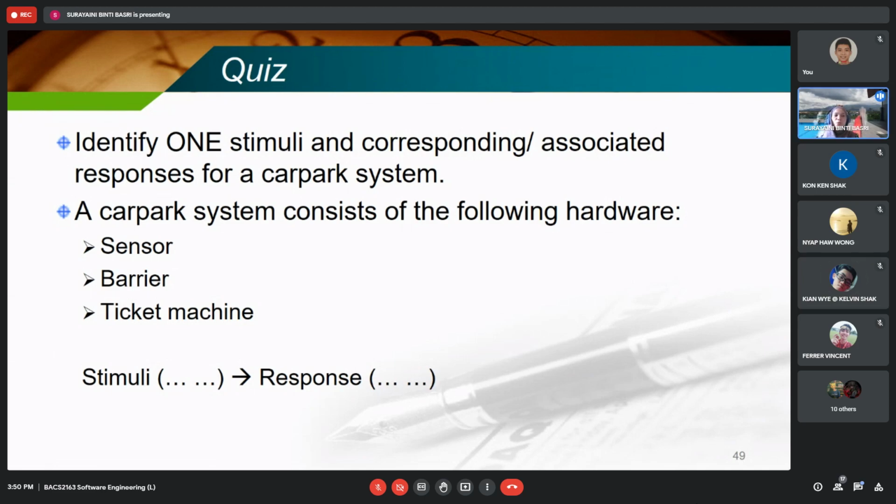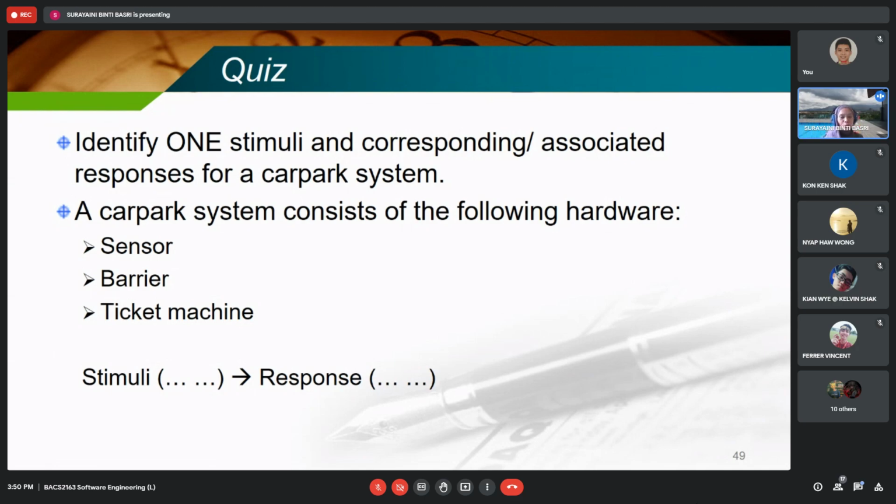Okay, because we are also not really sure about the process of the car park system, what we did now is an assumption.